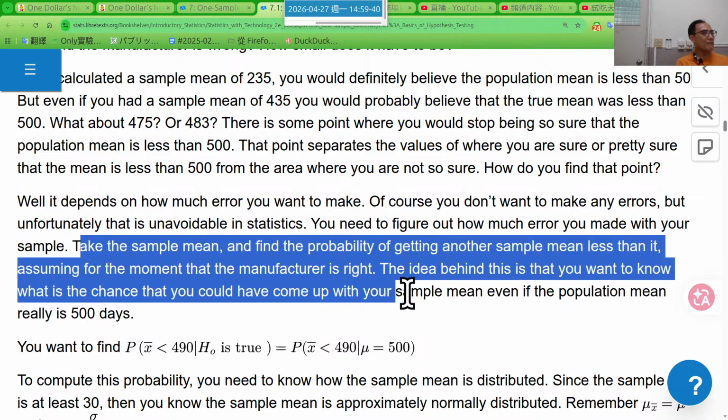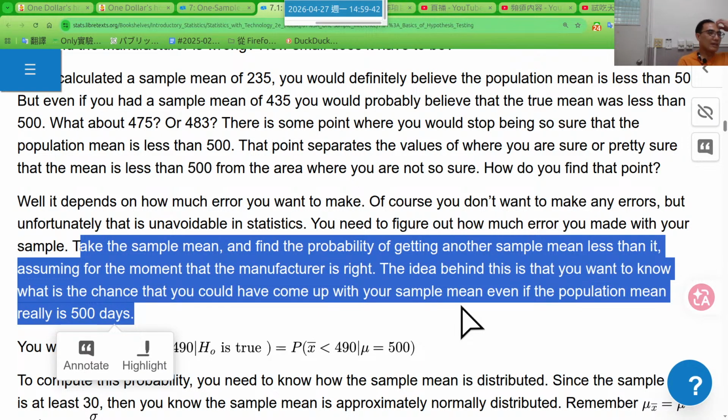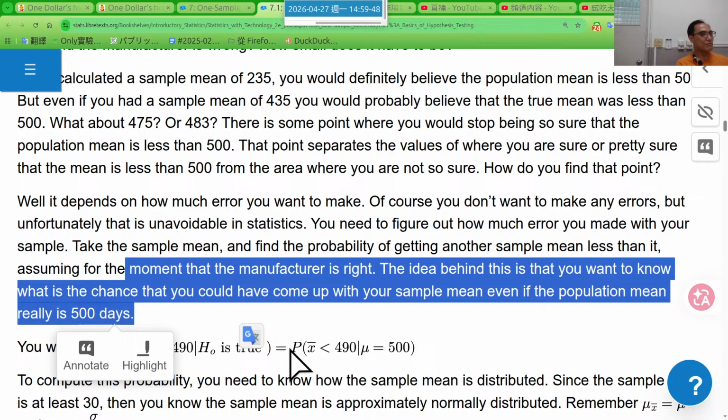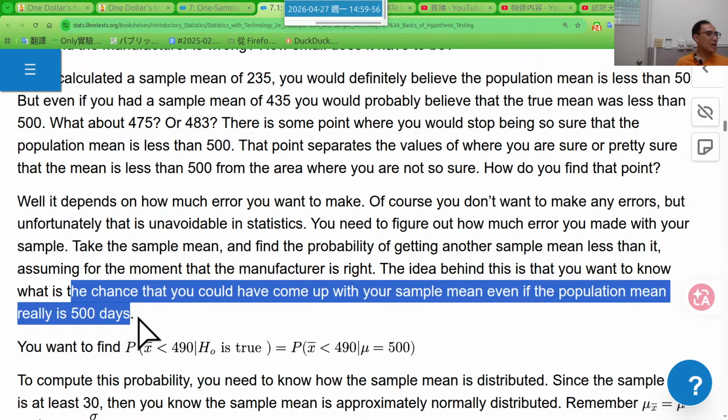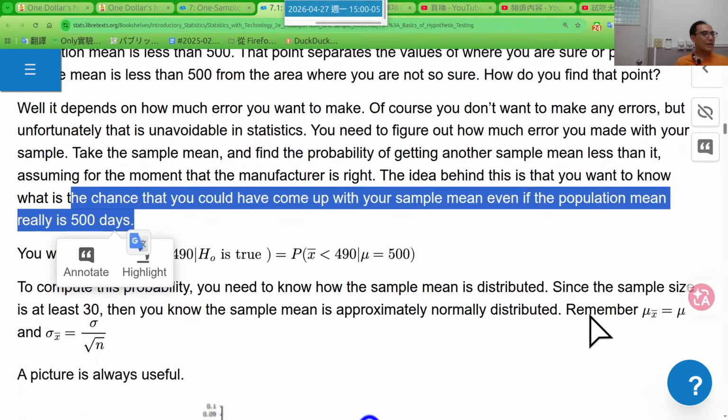Take the sample mean and find the probability of getting another sample mean less than it, assuming for the moment that the manufacturer is right. The idea behind this is that you want to know what is the chance you could come up with your sample mean even if the population mean is really 500 days.